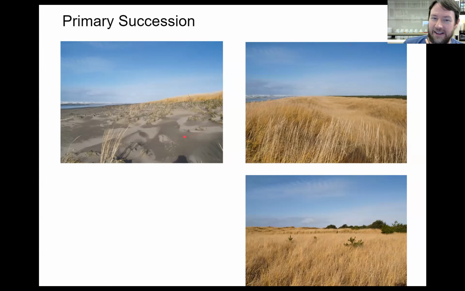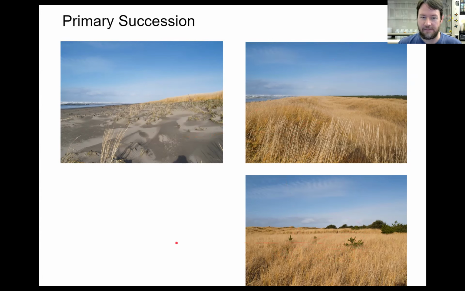So anyway, we were talking about primary succession up at the Long Beach Peninsula. Yes, after the dune grasses die off and make some nice fertilizer, the shrubs and shore pines can come in.